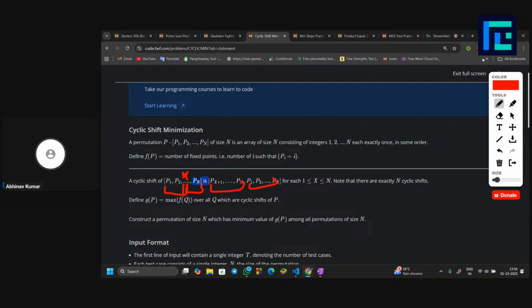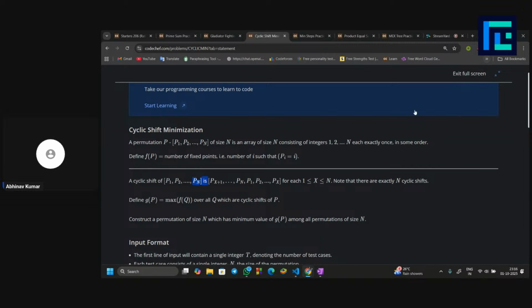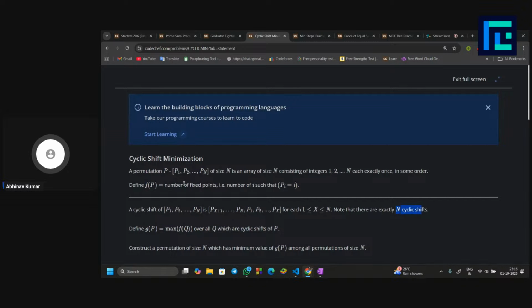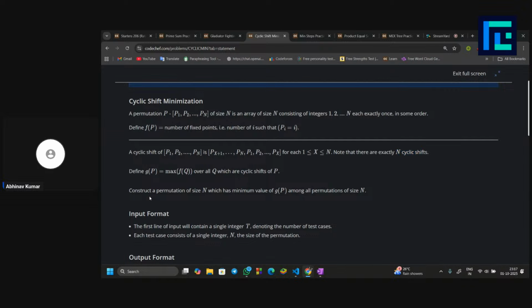This way you can cyclically shift an array. There would be exactly n types of cyclic shift, since after the nth shift it comes back to the original array. So you get one different cyclic shift for each value as the first element of the array.